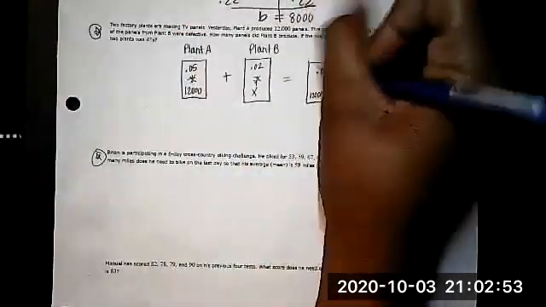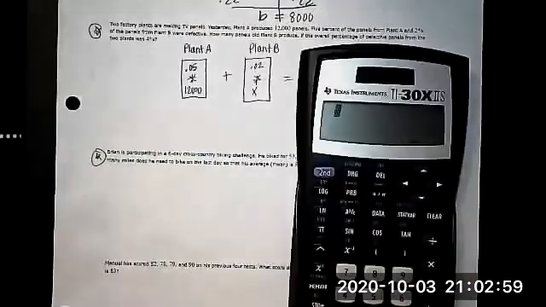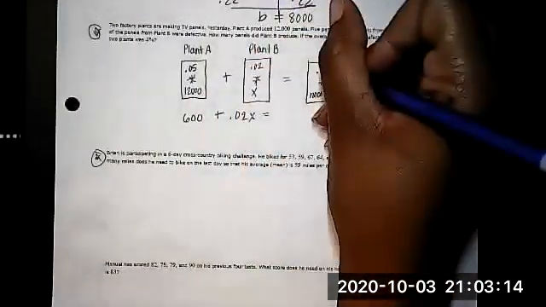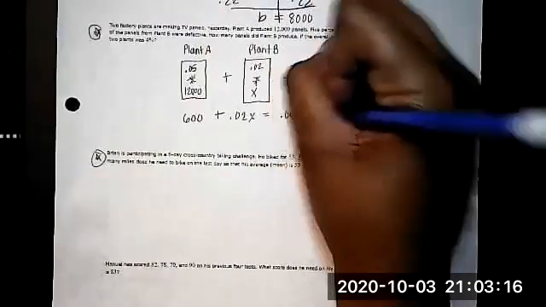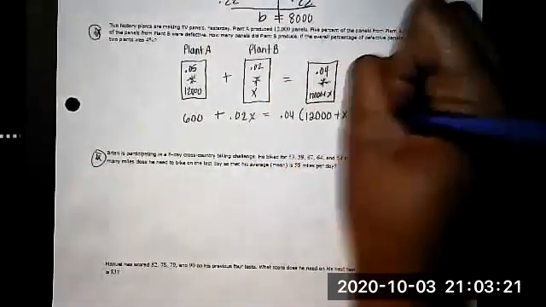Now, just like we did before, we have to multiply. 12,000 times 0.05 gives me 600 plus 0.02x, because I don't know what x is. And then I have to multiply 0.04 times both of these, 12,000 plus x.